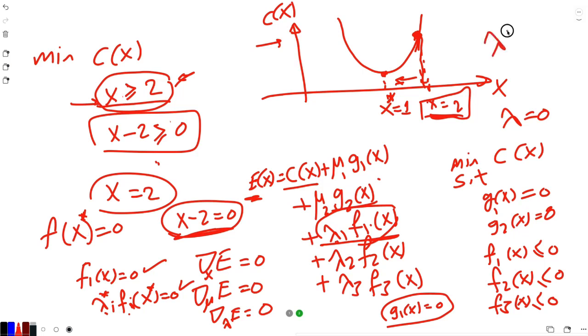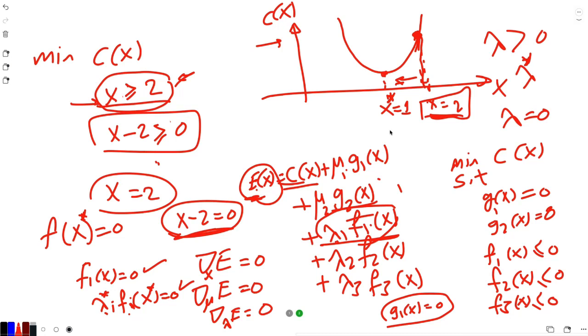Even so, lambda now is not 0. Lambda here can be greater than 0. Lambda can be 5, can be 10. So we can actually compute the optimum lambda in this case. However, the multiplication of lambda times f is equal to 0, which means that the contribution of this at the optimum point is equal to 0, which means that minimizing e of x is the same as minimizing c of x. But the difference is that we take all these constraints into account.